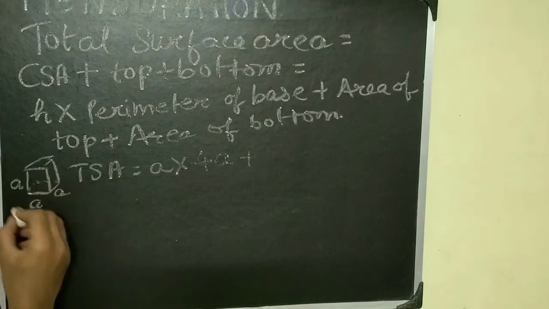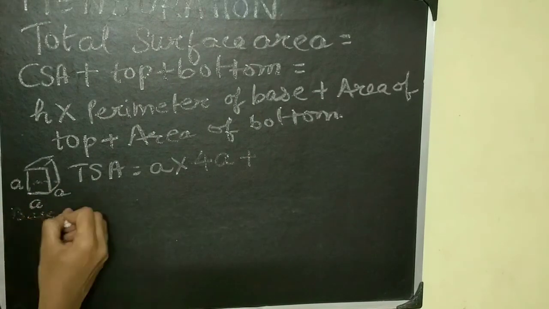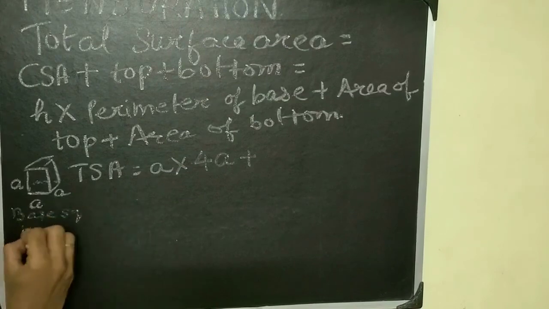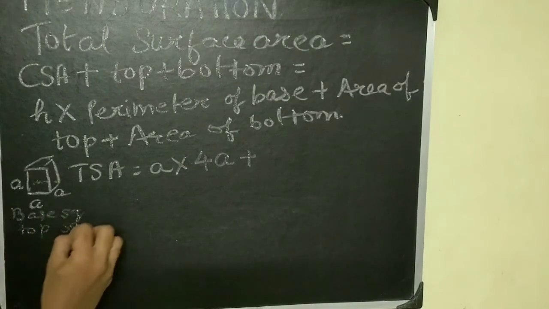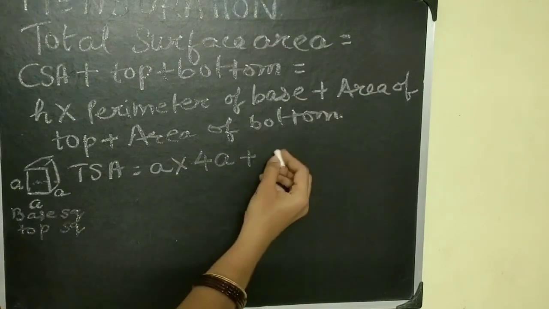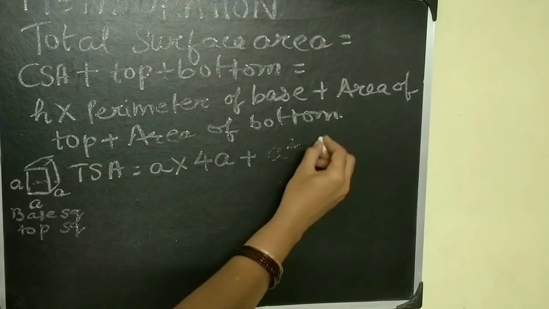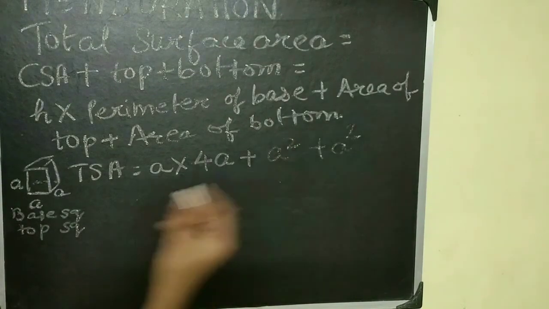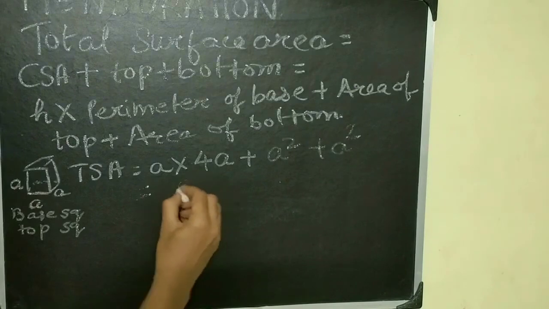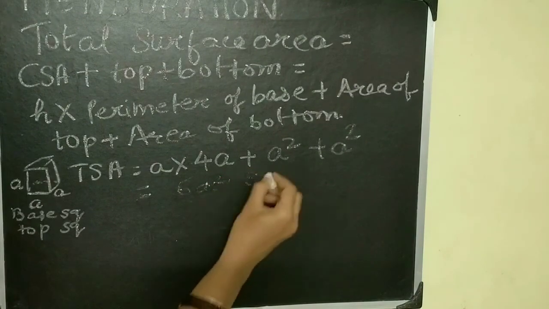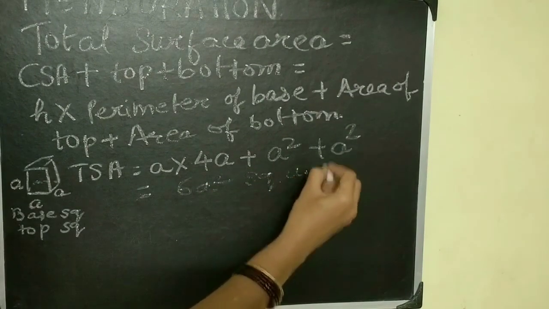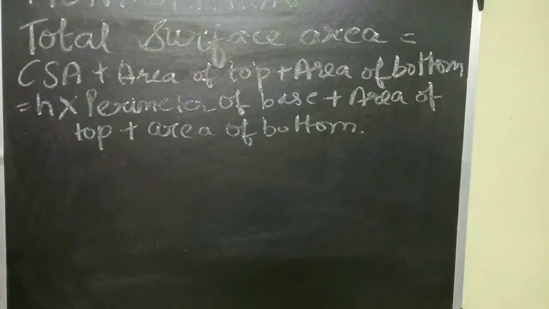The base is a square and the top is also a square. Since both are squares, it will be A squared plus A squared. So this comes to 6A squared square units. Total surface area.